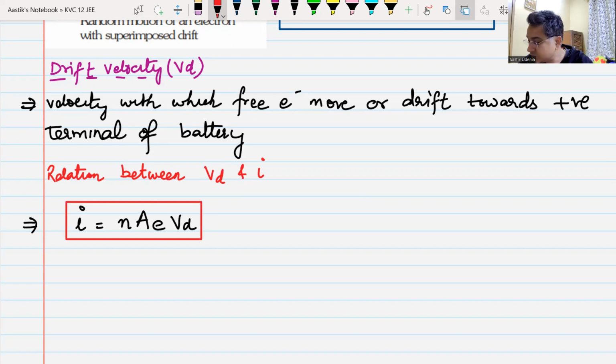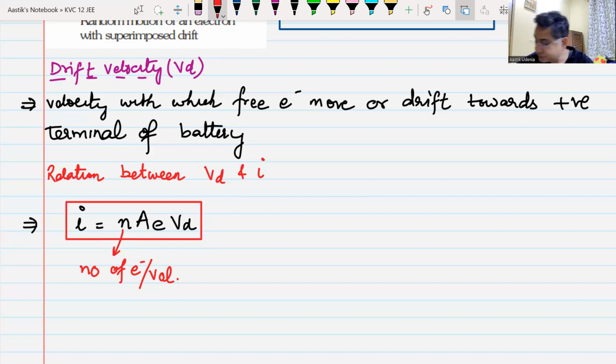Good. What is n here? Number of free electrons. Not the total number of free electrons, but the number of free electrons per unit volume. In 1 unit volume, how many free electrons are there? What is A? Area of cross section of the conductor, correct?